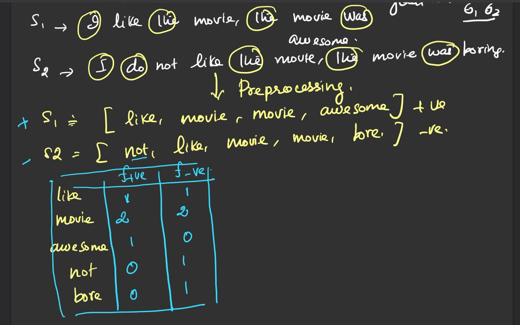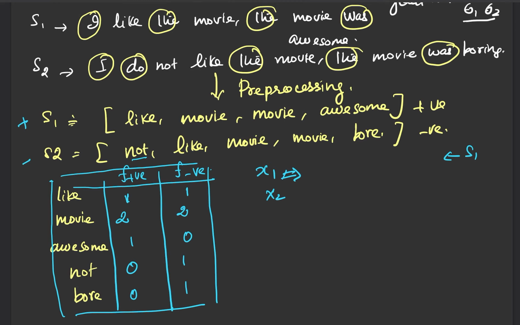Next step is how to define the feature x1. For the sentence S1, the first sentence, we need x1 and x2. So x1 is actually the summation of the frequency of all the words given in this sentence.